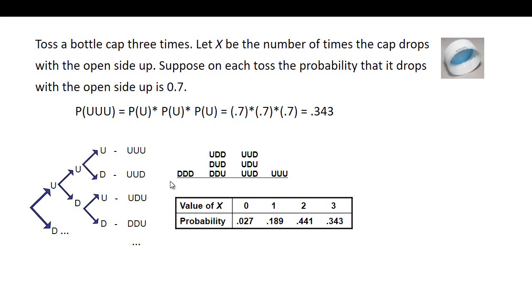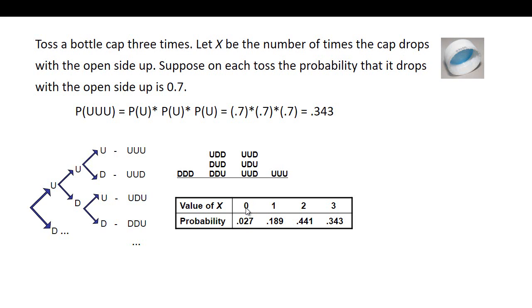How do I find the probability of getting DDD? The probability of getting U is 0.7, so the probability of getting D would be 0.3. So if you multiply 0.3 three times, 0.3 times 0.3 times 0.3, you're going to get 0.027. So that's the probability that x is 0.